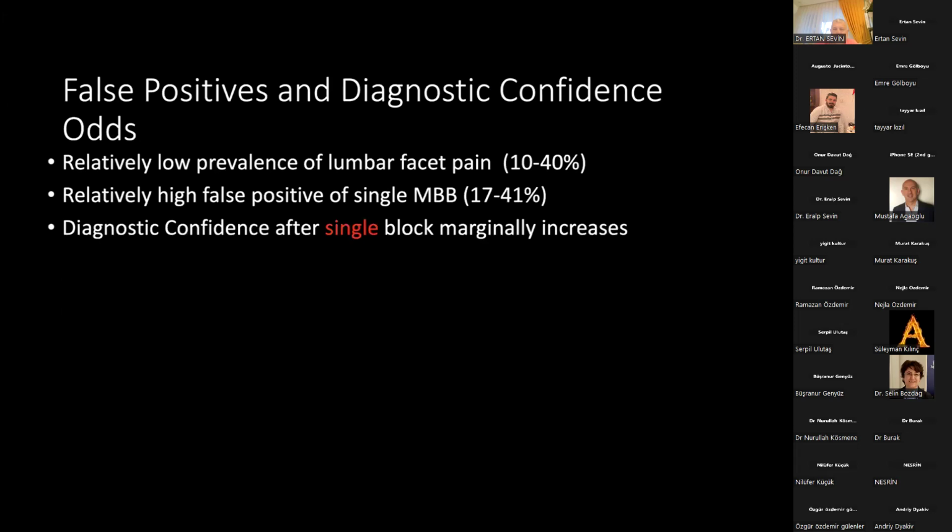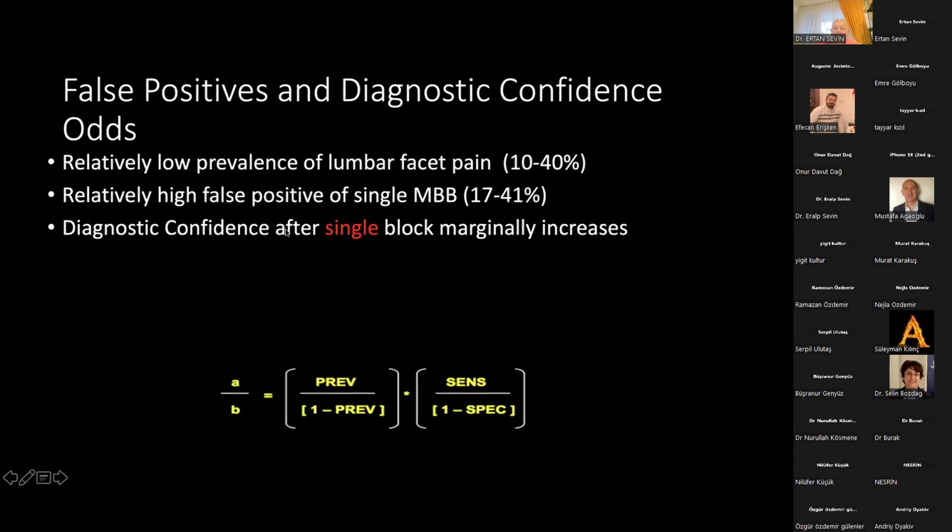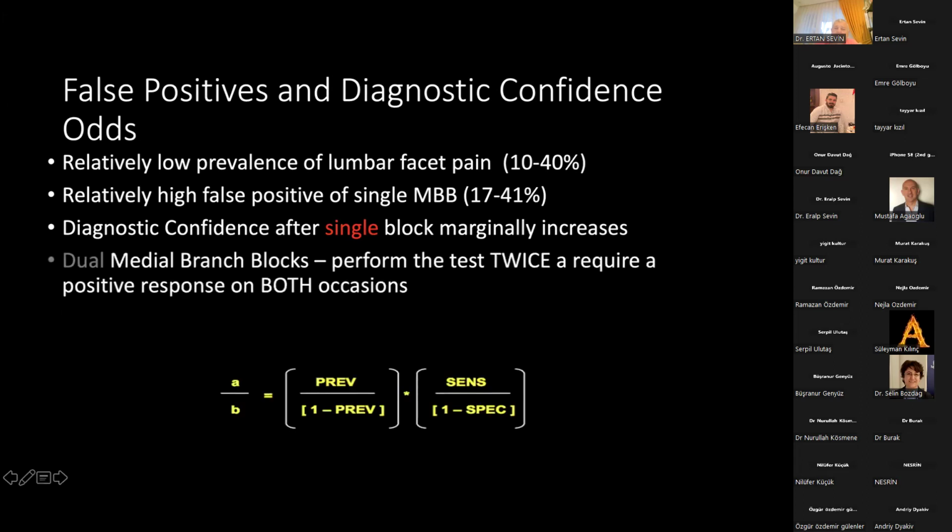So what that means is if you go into that formula I've shown you and you consider the low prevalence of facet pain and the high false positive, the diagnostic confidence after a single block only marginally increases.